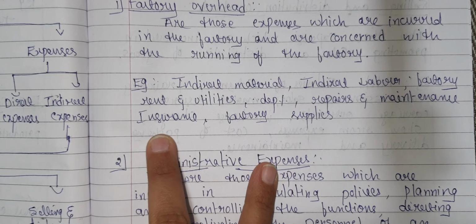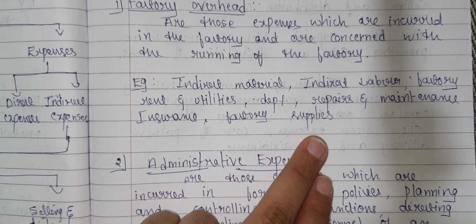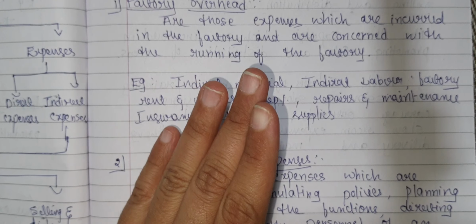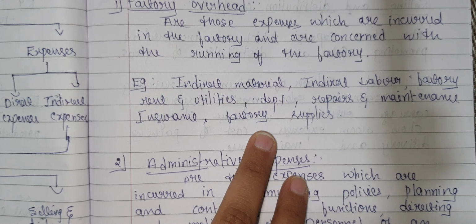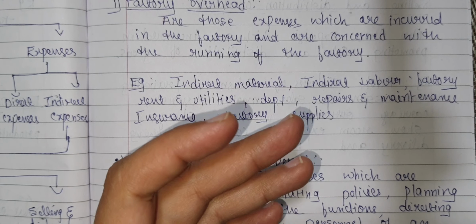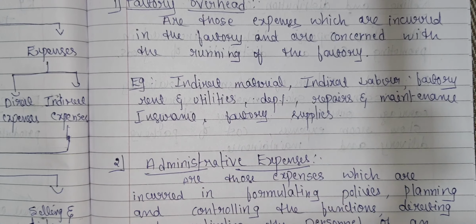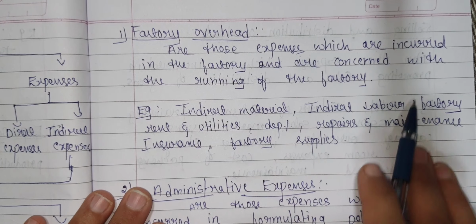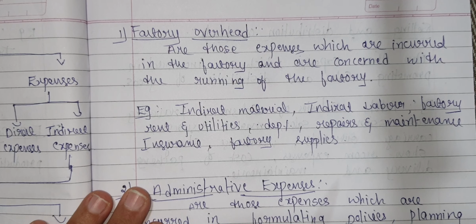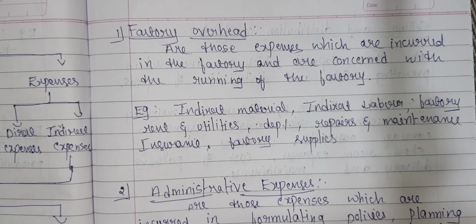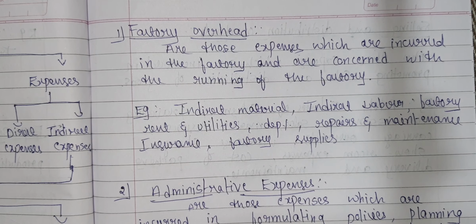And insurance, factory supplies. Insurance means insurance for factory buildings and equipment. And factory supplies means safety equipment or gloves or uniforms for the workers. So these are all factory overheads. They are incurred with running of the factory. Okay, this is about factory overhead.